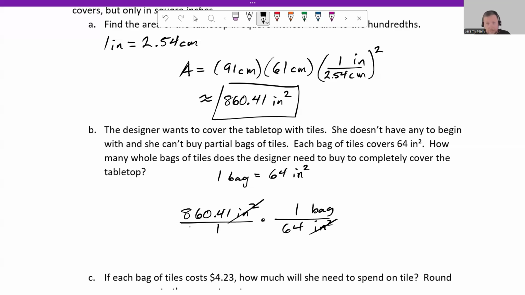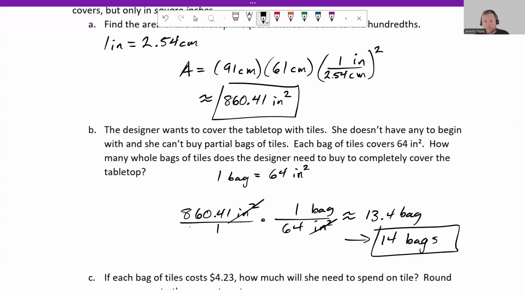So in this one, I am just taking the 860.41 divided by 64. Okay, so I get approximately 13.4 bags, but I have to round this up to 14 bags since I can't buy a partial bag.